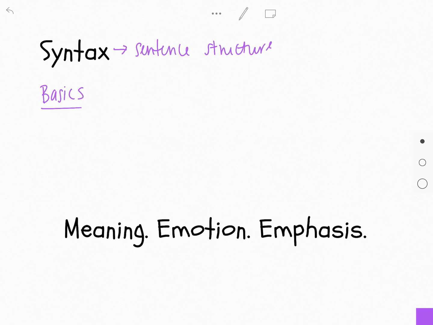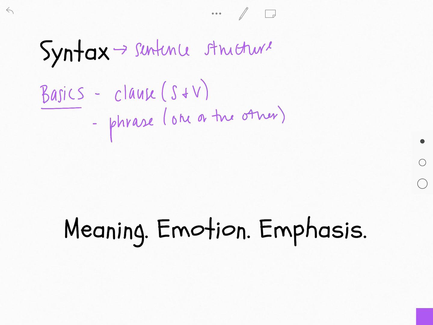You have clauses and phrases, right? A clause has a subject and a verb. A phrase has what? One or the other.